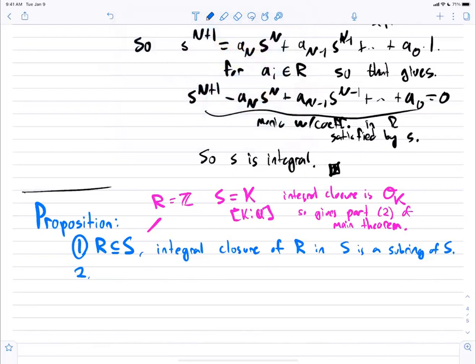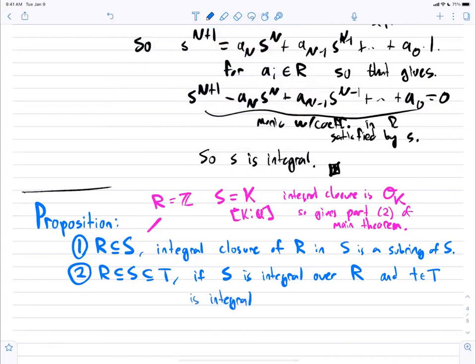And then the second statement is that if I have a chain of extensions, so R is a ring contained in a different ring S, which is contained in a different ring T, and if S is integral over R, that means every element of S is integral over R, and T is integral over S, then T is also integral over R.